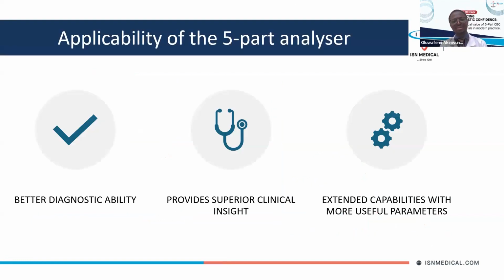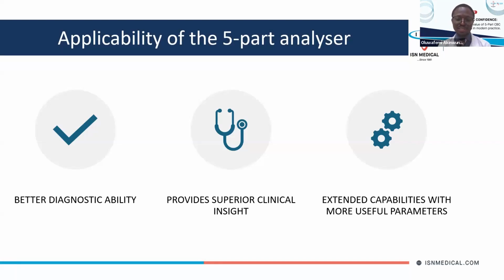So in terms of applicability, the 5-part analyzer has better diagnostic ability. It provides more superior clinical insight and also has extended capability with more useful parameters. So the 5-part analyzer can be optimized to generate even more of what I can call indices on your full blood count.